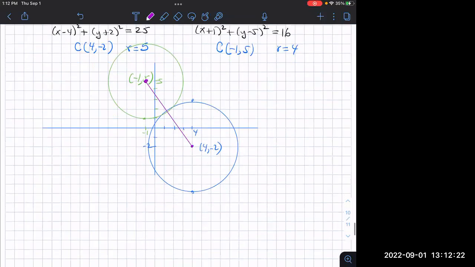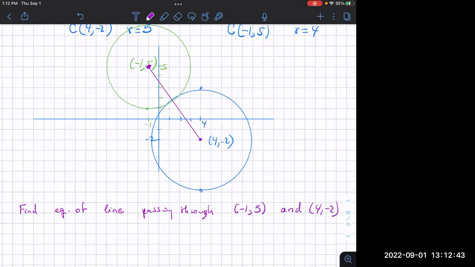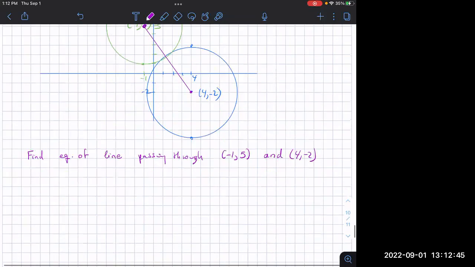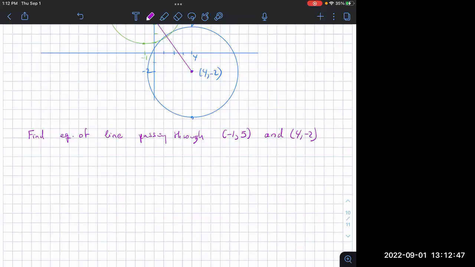Okay, so basically find the equation of the line passing through. So notice we didn't even need the radius, just needed -1, 5 and 4, -2. Do you know what to do next? I was hoping that you'd go through all of it. Yeah, please go ahead. Let's go ahead.